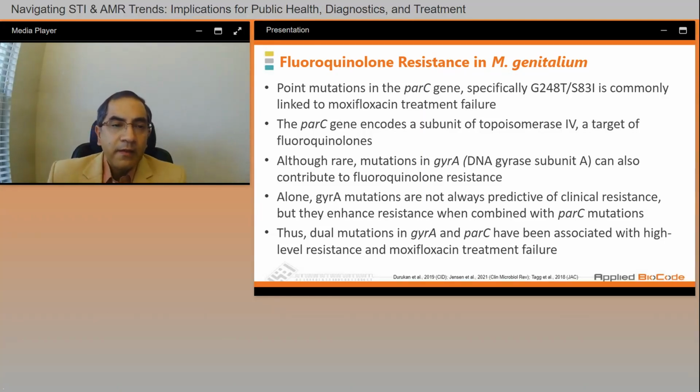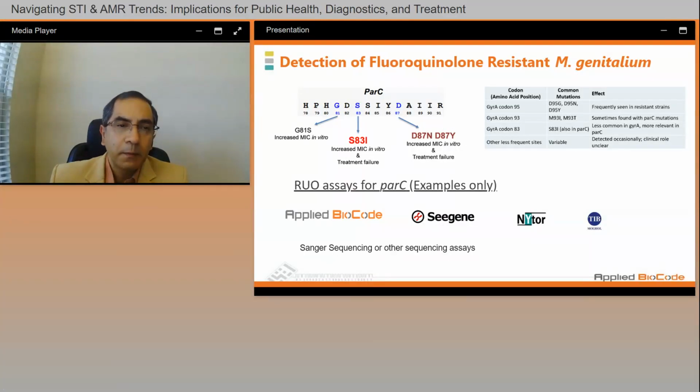Alone, gyrase A mutations are not always predictive of clinical resistance, but they enhance resistance when combined with ParC mutation. Thus, dual mutation in gyrase A and ParC have been associated with high-level resistance and moxifloxacin treatment failures.